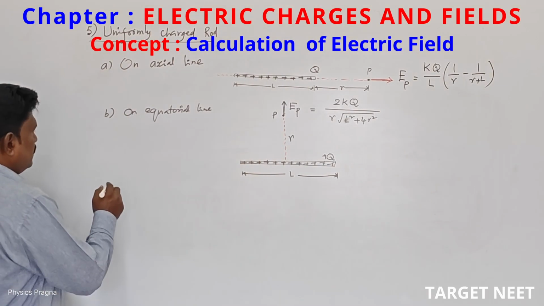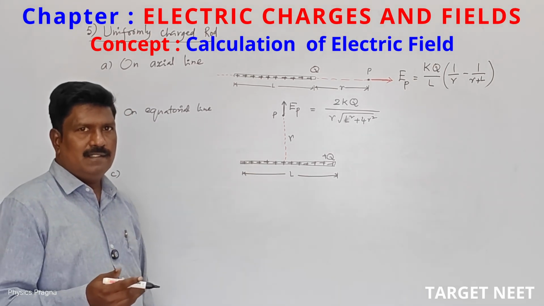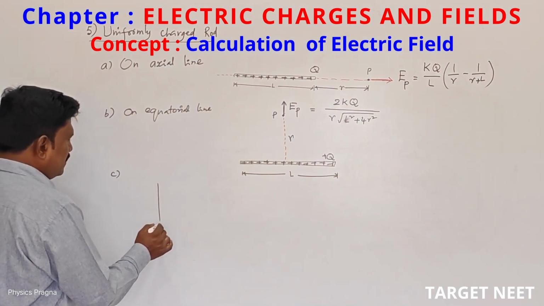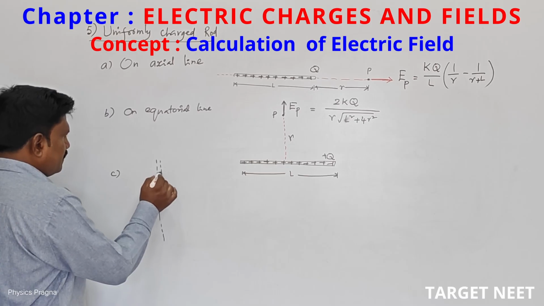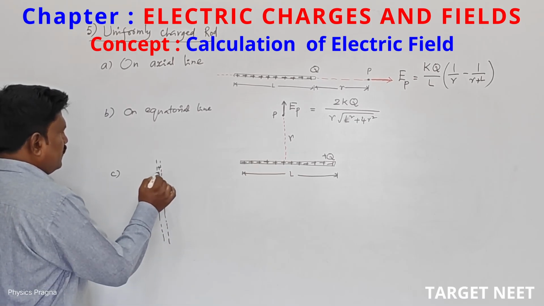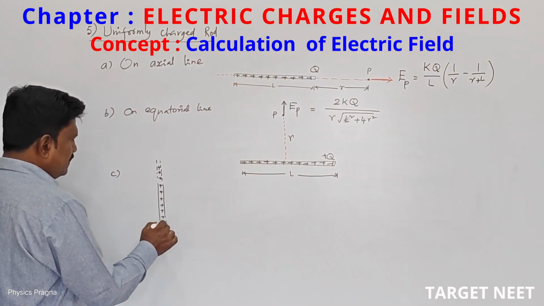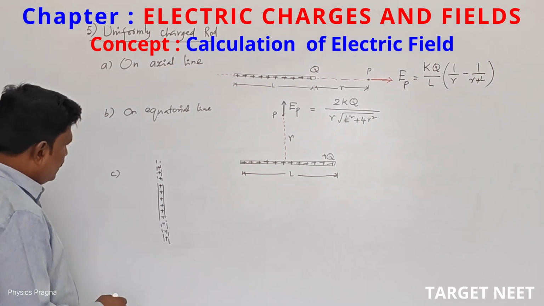And at r distance from an infinitely long rod. So this is the rod, and this length is infinite. A uniformly charged positive charge is there, so along the length the charge is spread.